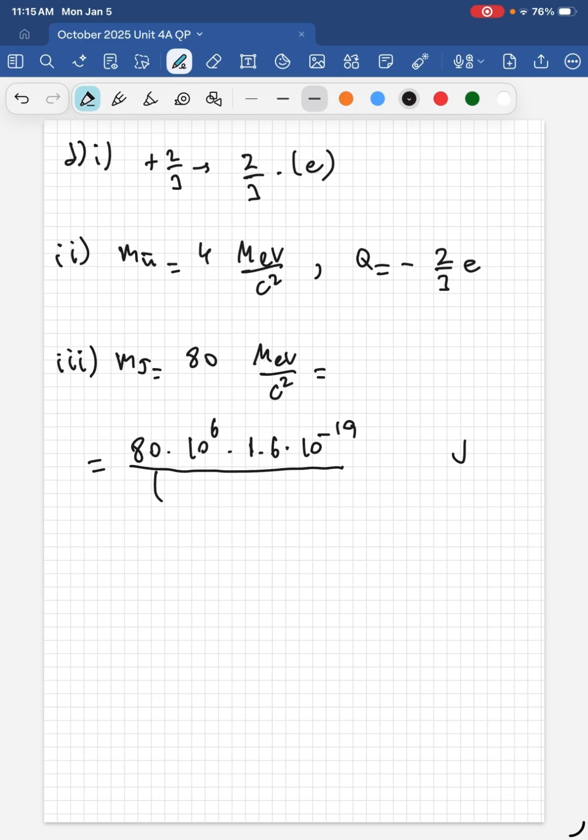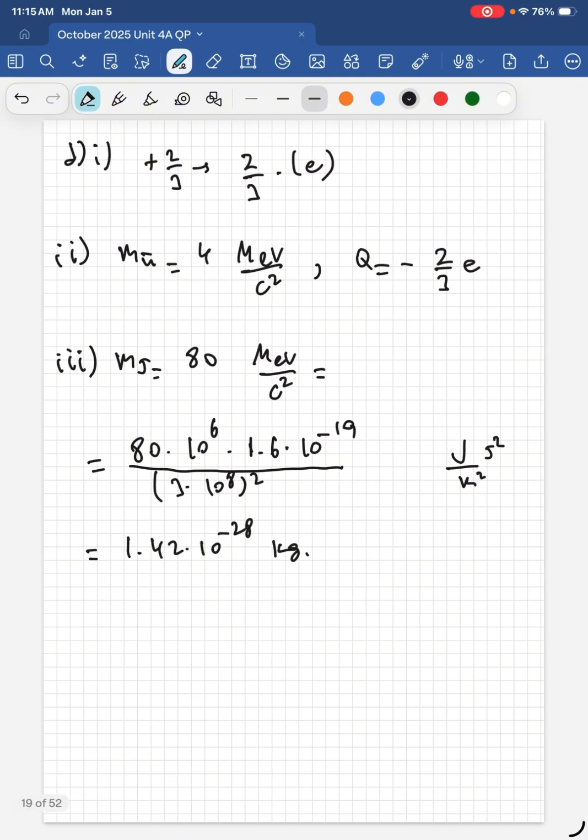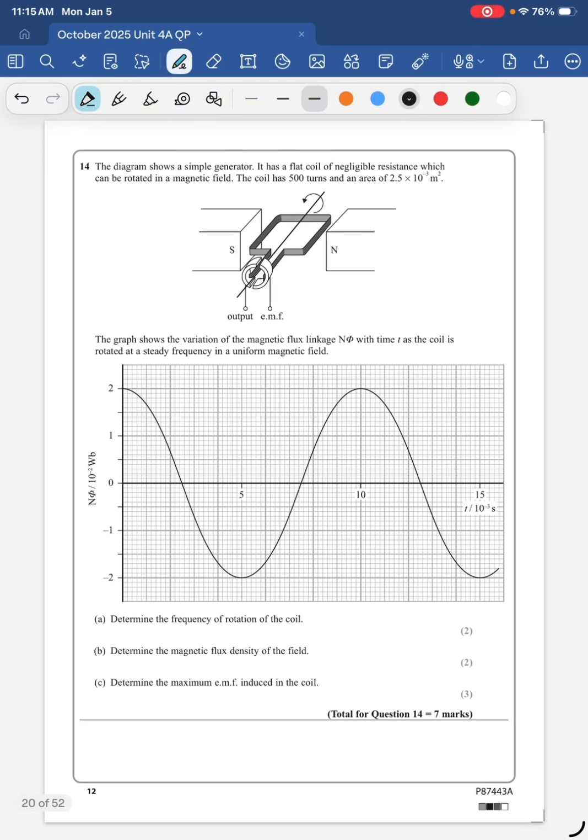Then we divide by c, which is 3 times 10 to the 8, squared, in meters squared per second squared. If we carry out the calculation, we find 1.42 times 10 to the negative 28 kilograms. That's the answer, and let's move on. This was a long problem.